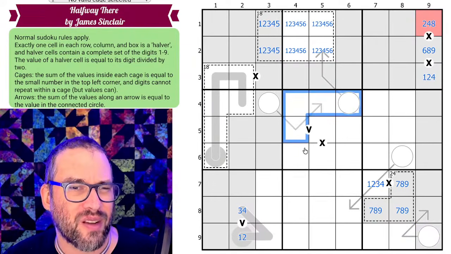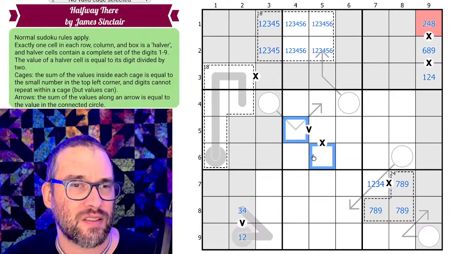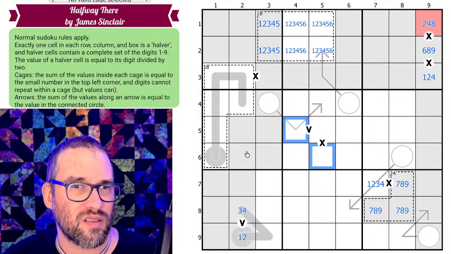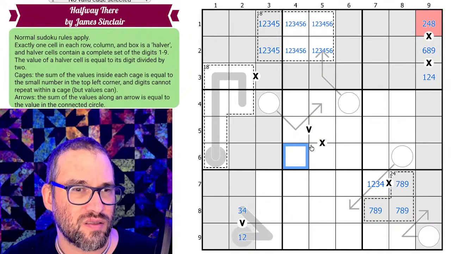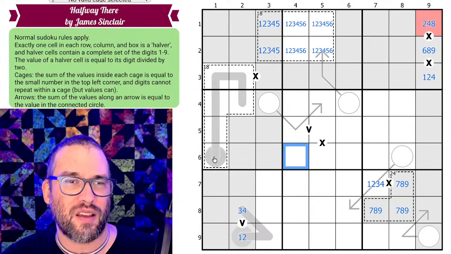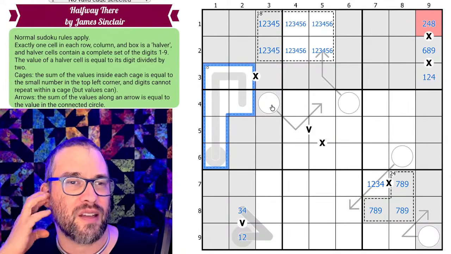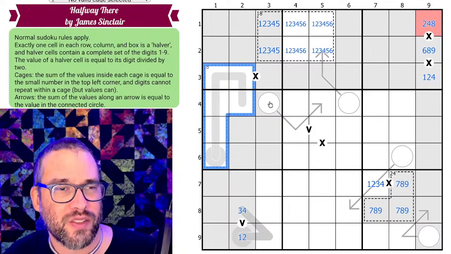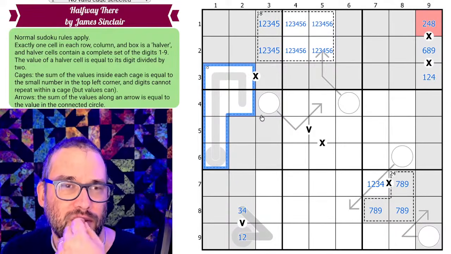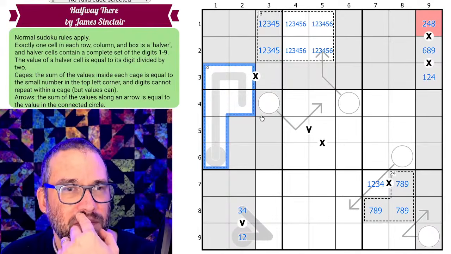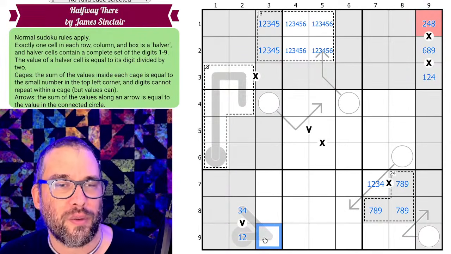Okay, where is it now? Box 5? Yeah, I really don't know how pencil marking this works. Oh, this.